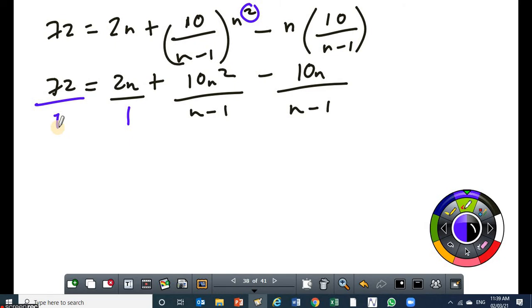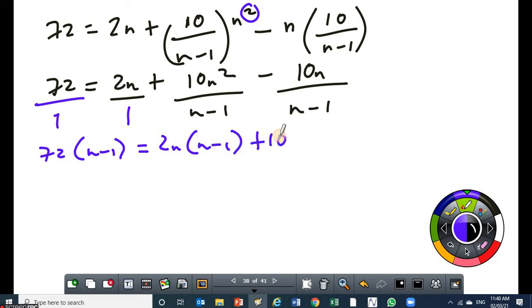So I have to multiply 72 by n minus 1. So I'll have 72 times n minus 1 equal to 2n times n minus 1 plus 10n squared minus 10n. Since I have multiplied both sides by the LCD, I don't need to write any denominator anymore.